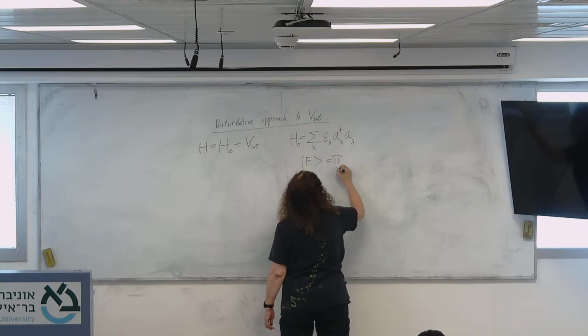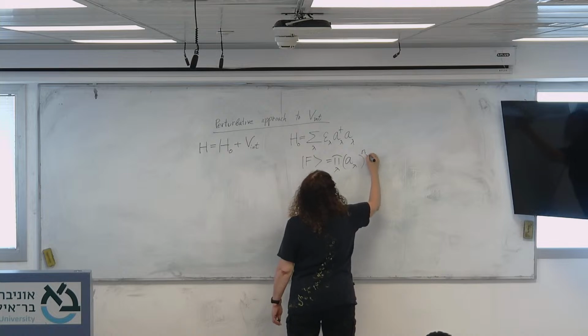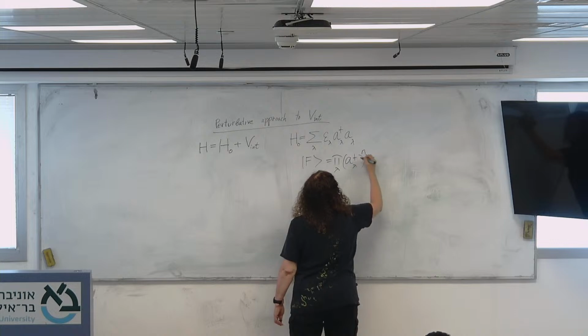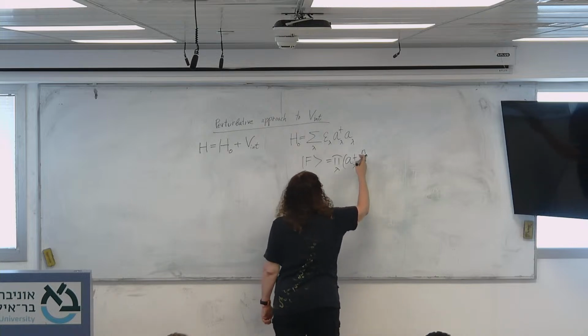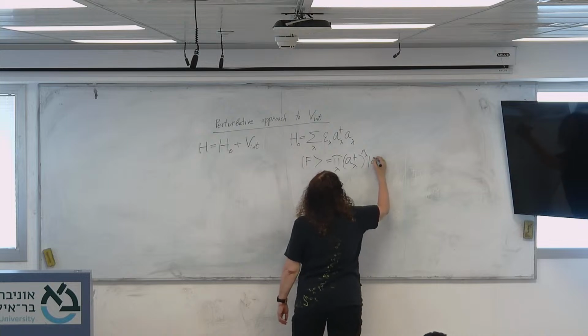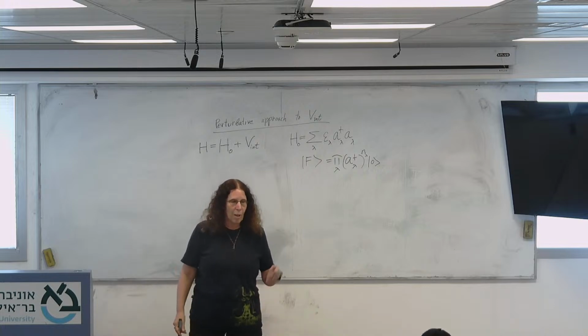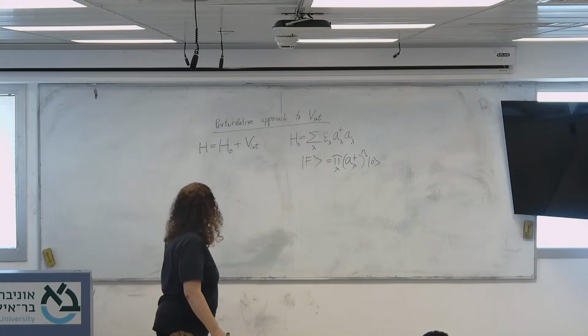It's a state where we have a product over some lambdas, a lambda dagger generally to some power, which allows it to be different from one for bosons. And all of this is applied on the vacuum, and this describes some kind of a Fock state.